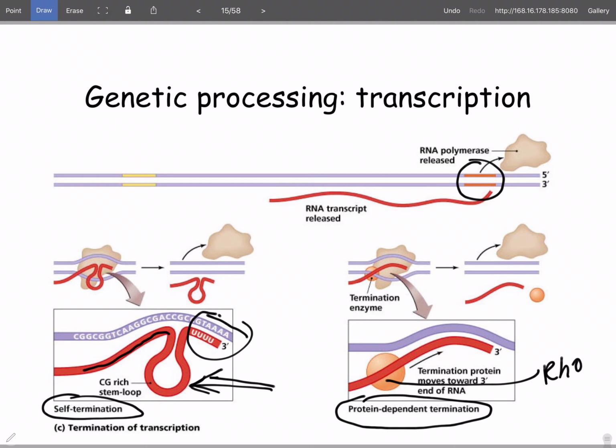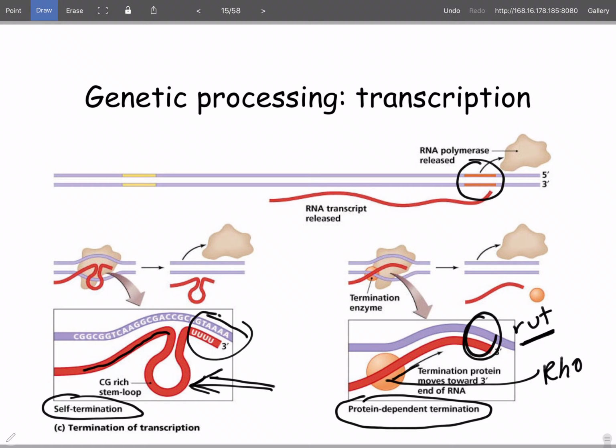And when RNA polymerase gets to this terminator sequence that's over here somewhere, right, it slows down and it interacts with this region called RUT. Okay? So that DNA sequence actually slows RNA polymerase down.